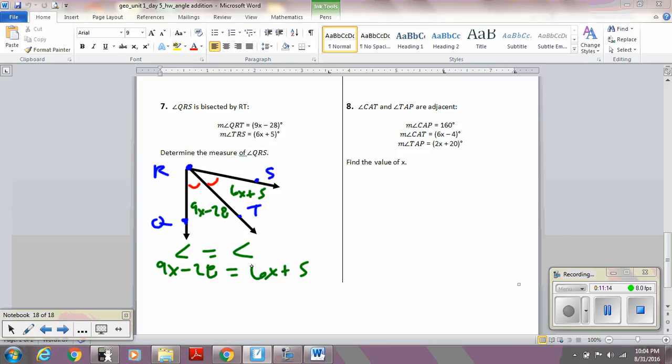So now I would subtract 6x from both sides, which would give me 3x minus 28 equals 5. Then I would add 28 to both sides. So that would give me 3x is equal to 33. Then I would divide both sides by 3 and I would get x equals 11.